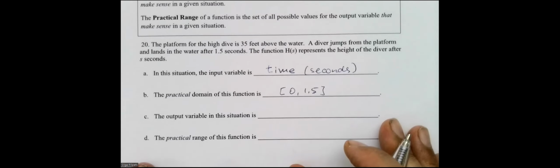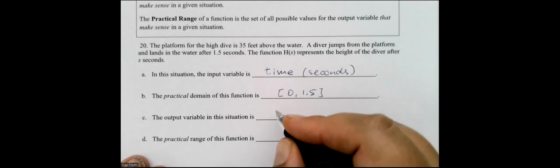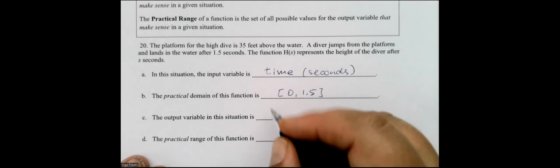The output variable in this situation, this is the function that represents the height. It takes in seconds for the input and outputs the height of the diver. So the output variable is the height.